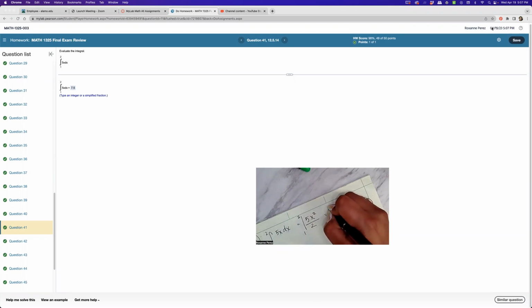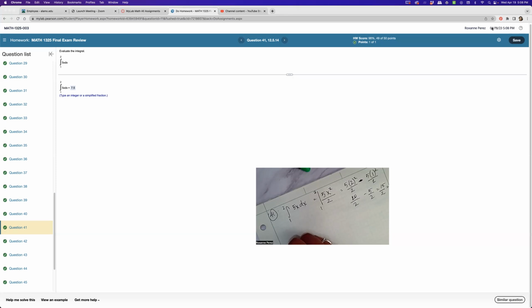So that's going to be 5 times 2 squared over 2, minus 5 times 1 squared over 2. This is 5 times 4, which is 20, divided by 2, which is 10. We can just leave 20 over 2. Minus 5 times 1 is 5 over 2, so that's going to be 15 over 2, which is 7.5.